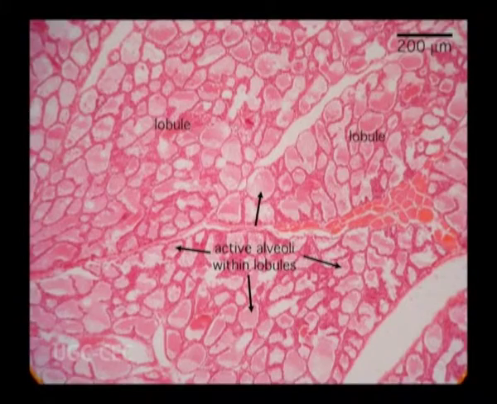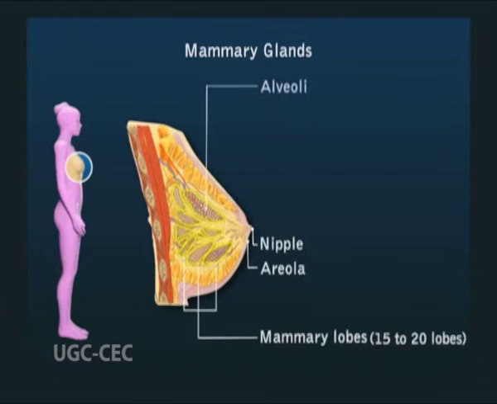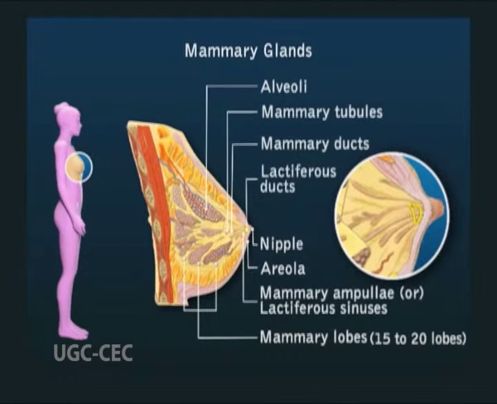The basic components of a mature mammary gland are the alveoli, hollow cavities a few millimeters large, lined with milk-secreting cuboidal cells and surrounded by myoepithelial cells. These alveoli join to form groups known as lobules. Each lobule has a lactiferous duct that drains into openings in the nipple.